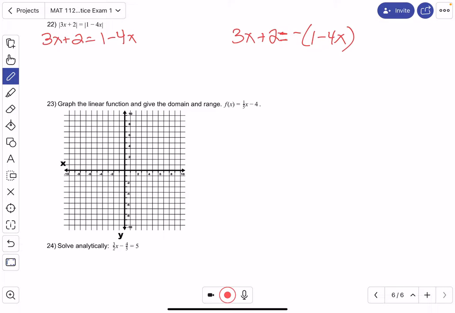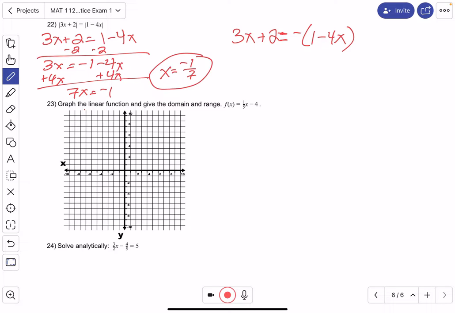So now we're going to solve. I'm going to subtract 2 from both sides. 3x equals negative 1 minus 4. Add 4x to both sides. 7x equals -1. Divide both sides by 7. We get -1/7. So that's one of our solutions. For the negative side, we want to distribute that negative sign.